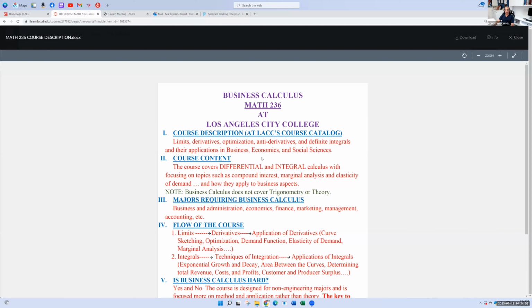Some of the terms on this page may not be familiar, but once you take the course, you'll understand what they are.